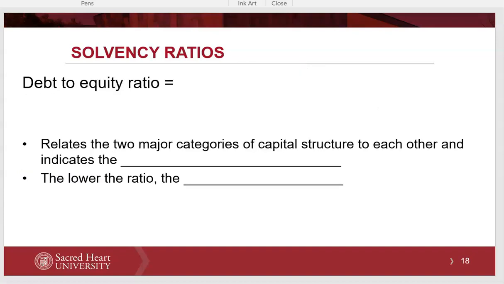Another similar ratio is debt to equity ratio. And when we remember that in accounting, we typically use total liabilities as our measure of debt, it's easy to remember what this ratio is. Total liabilities divided by total shareholders' equity.